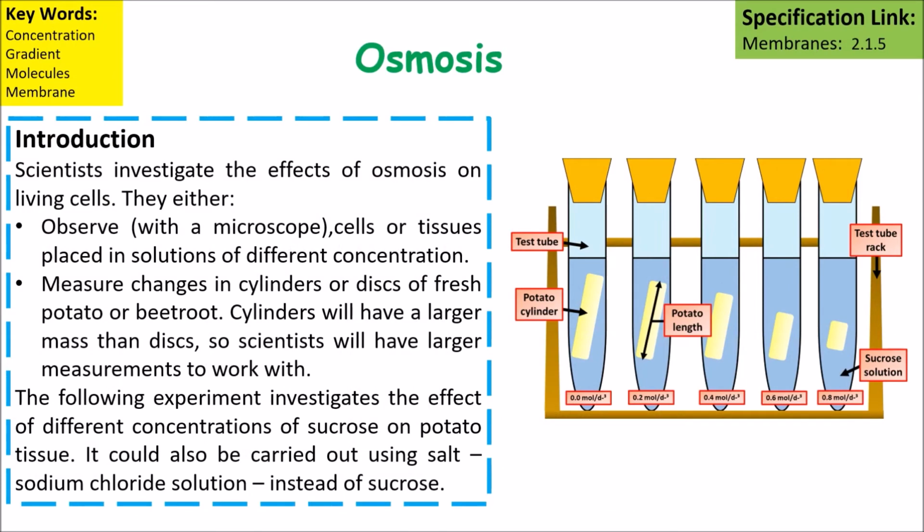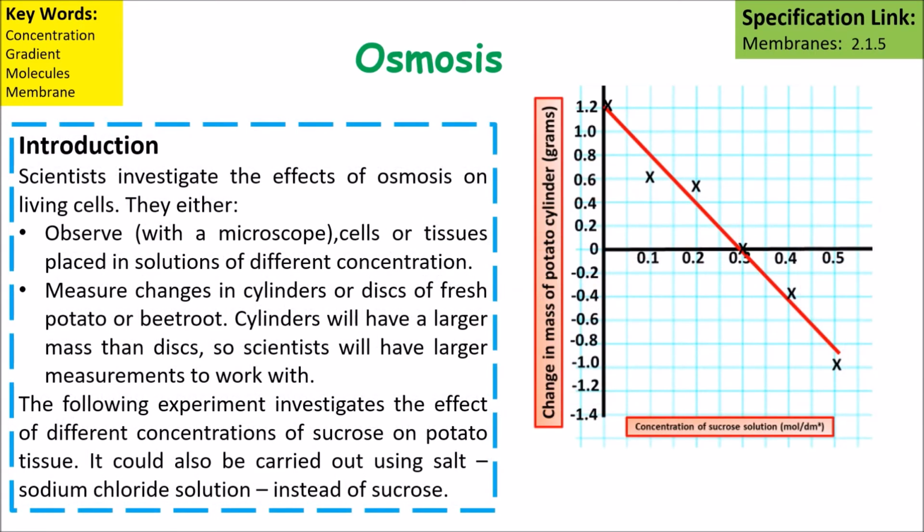So if we look at an osmosis investigation, we can set something up like this. The following experiment investigates the effect of different concentrations of sucrose on a potato tissue. It could also be carried out using a sodium chloride solution or various other solutions. When we carry out an experiment like this and observe the resulting change, we can look at the change in mass.